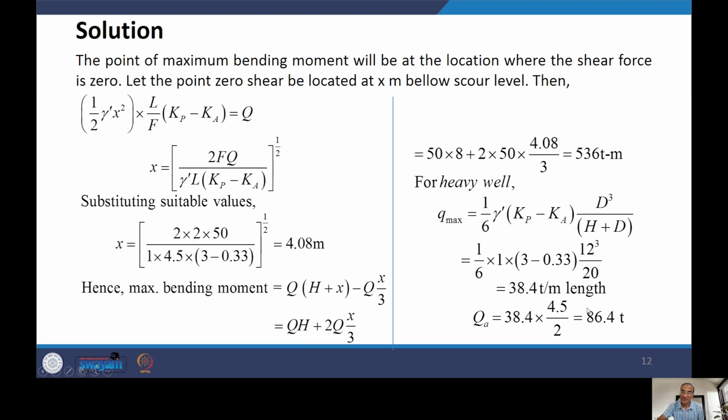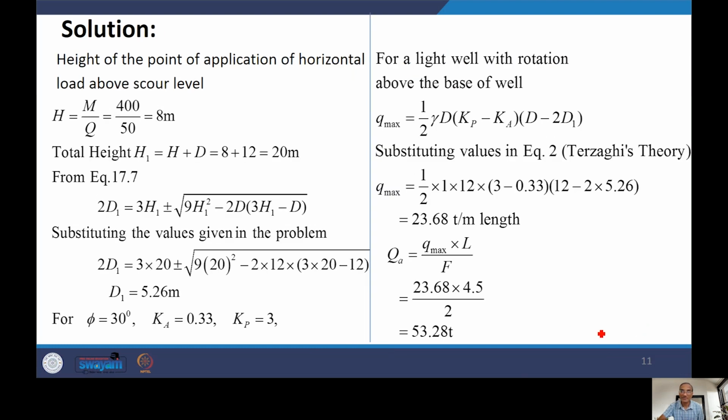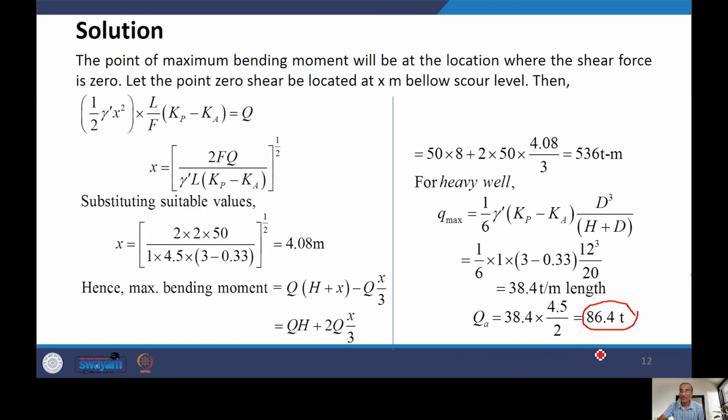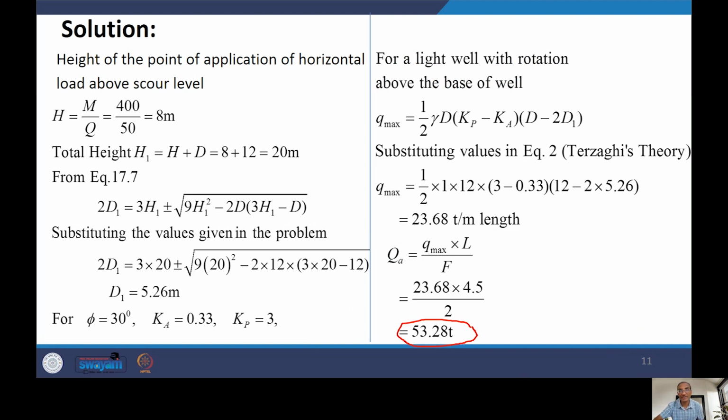This value was 86.4 ton, which is increased now, and the earlier value was 53.28. There is a lot of difference. So in this answer, you get a higher value, which was expected. Why is it higher? Because the rotation is assumed at the base of the well. So this was Terzaghi's method for the solution of well foundations.